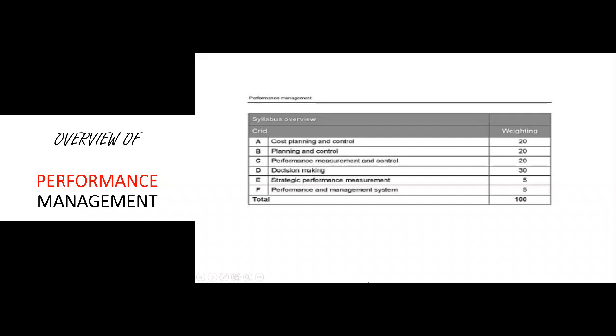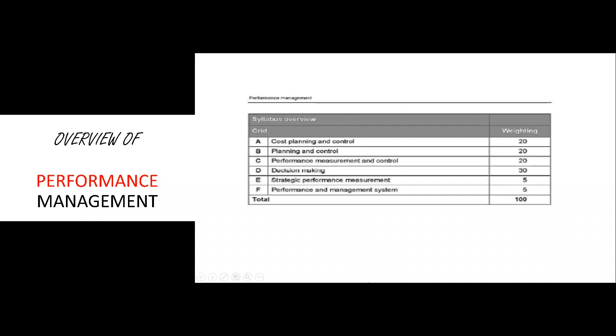Every leader should be able to make a good judgment, and decision making is critical in the life of every leader. So decision making carries 30% in the syllabus. The E part is strategic performance measurement, weighted 5%.